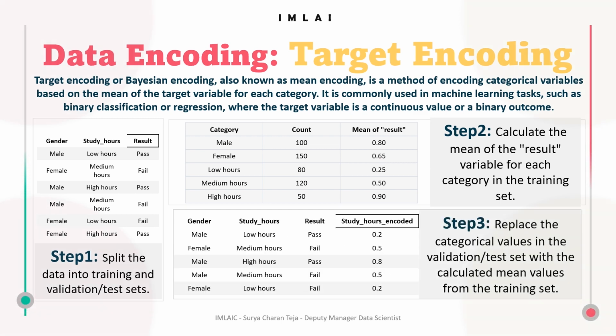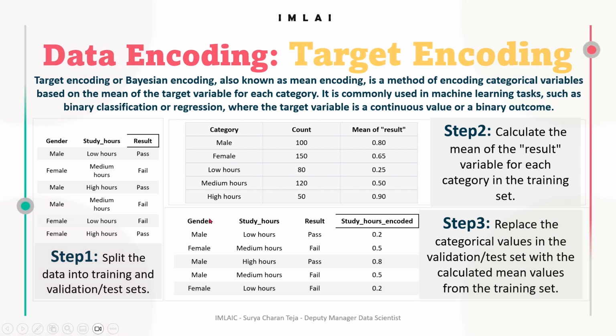Replace the categorical variables in the validation or test set with the calculated mean values from the training set. That's it. Whatever value you have calculated, the mean of the result variable for each category, should be replaced with the respective category.